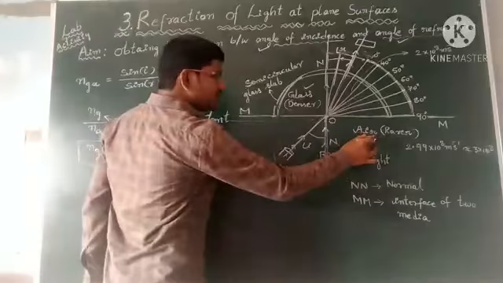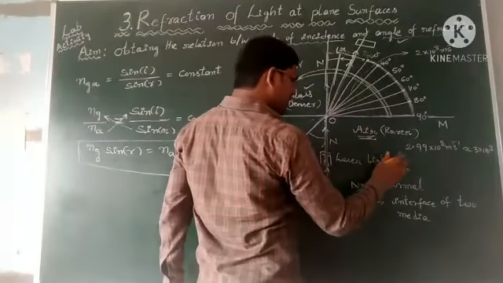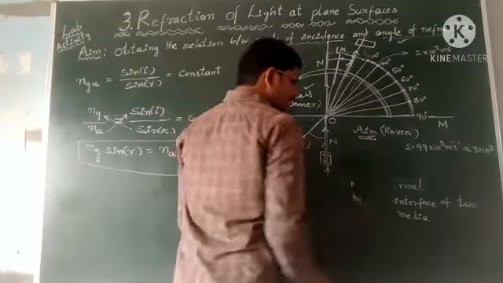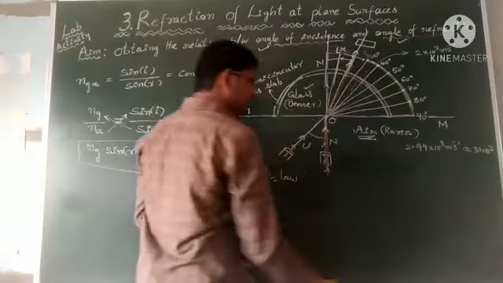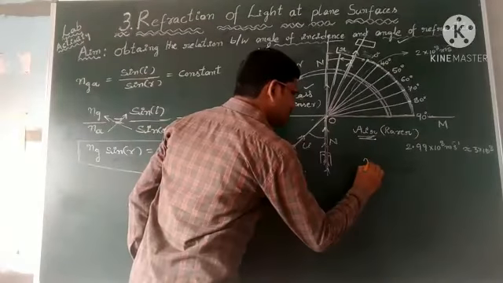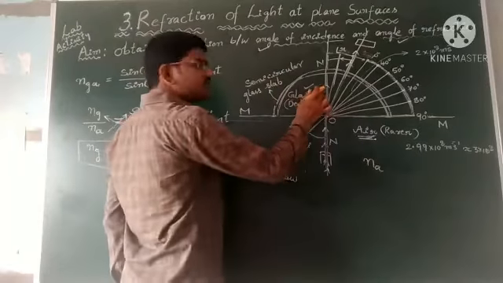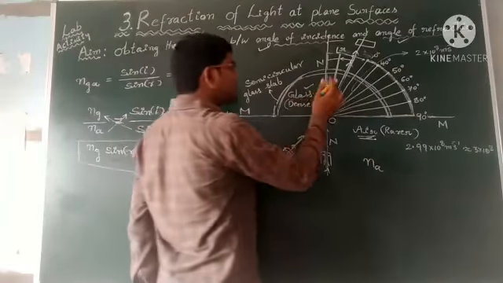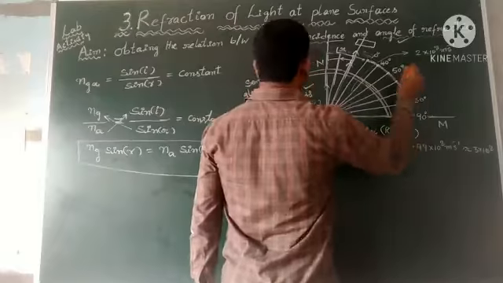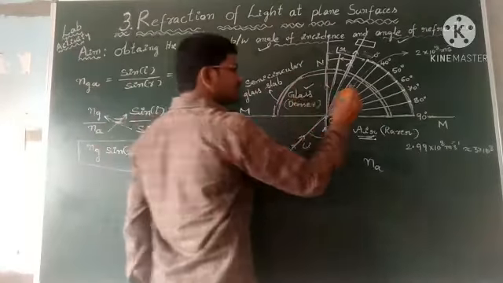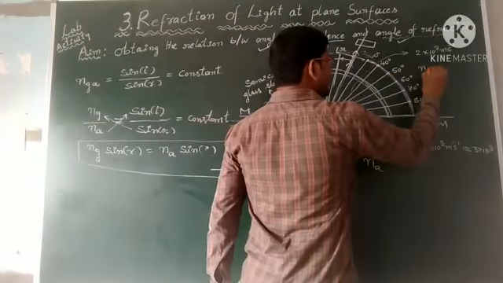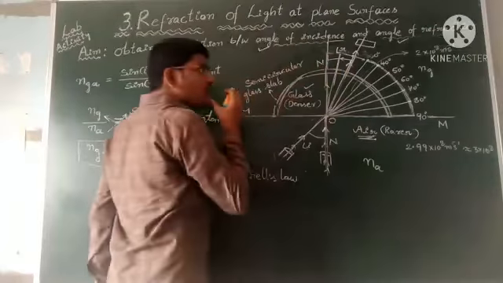Now see, this medium will have its own absolute refractive index, let it be n suffix A, and this medium has its own refractive index, let it be n suffix G. I am writing the refractive index of this as n suffix G.